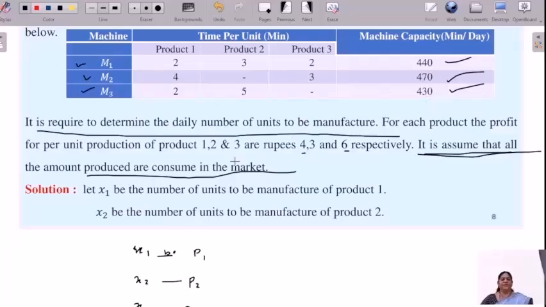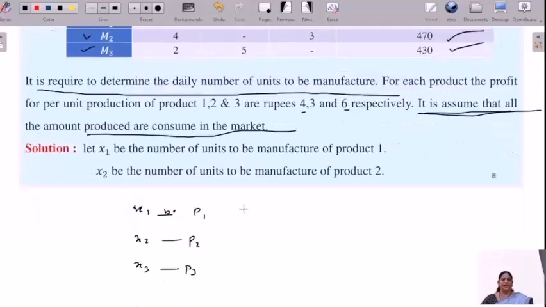Our aim is first to write down the objective. We have to find the profit. Therefore our objective function must be of maximization type. Product 1 has a profit of rupees 4 per unit, product 2 rupees 3, and product 3 rupees 6.